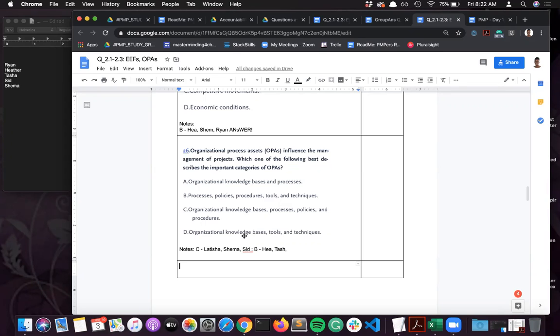What is an organizational knowledge base? Those are all the repositories, right? All of them put together. Okay, how many repositories are there? I thought there was one. No, I think there are quite a few, like risk repositories, resources. I think so. I'm not entirely sure if that's right.